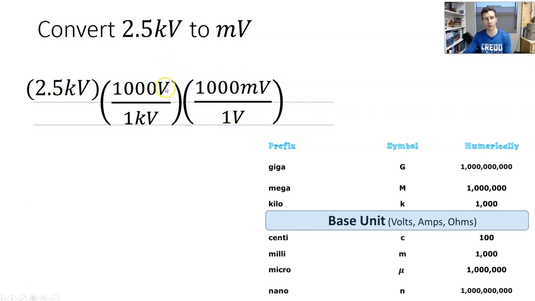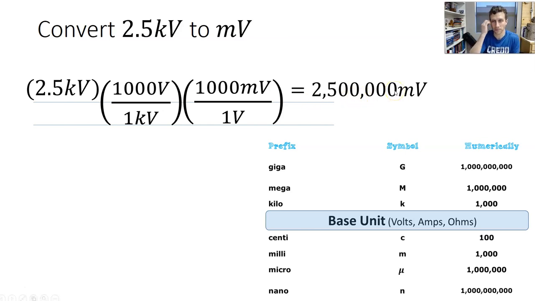So you multiply everything on the top, divide everything on the bottom, press equals, and you get 2,500,000. And what are the units? These are the only units left: millivolts.